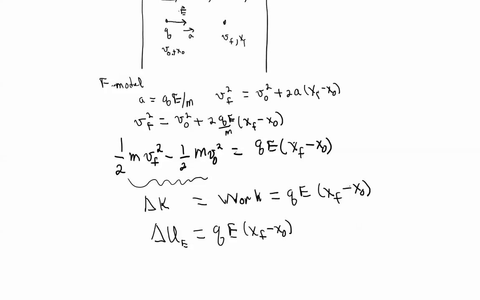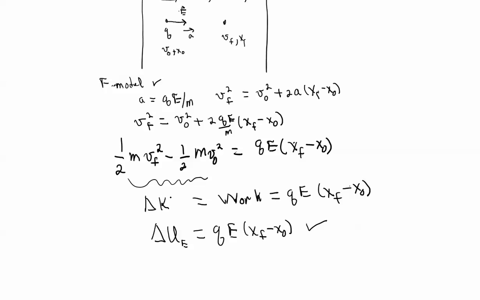So the system here is the parallel plates and the charge. So we arrived at the concept of the electric potential energy for a uniform electric field from the idea of the force model, that if I have a positive charge sitting in an electric field, it will move in the direction of the force, acceleration.